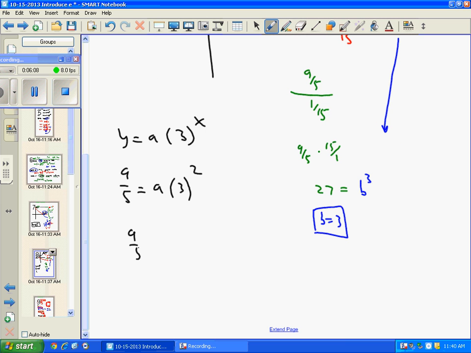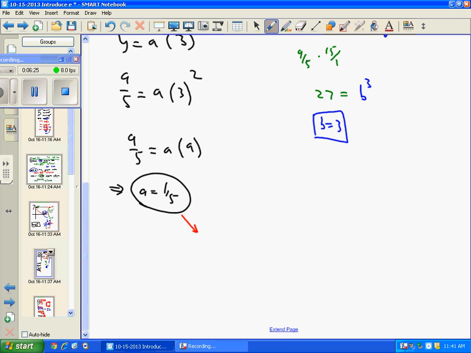So I get 9/5 equals a times 9. So you can sort of look at this and tell a must have been 1/5. How do I know that? Because 1/5 times 9 would be 9/5. Okay, once you've done that, you're done actually, because now you have your equation. y equals 1/5 times 3 to the x.